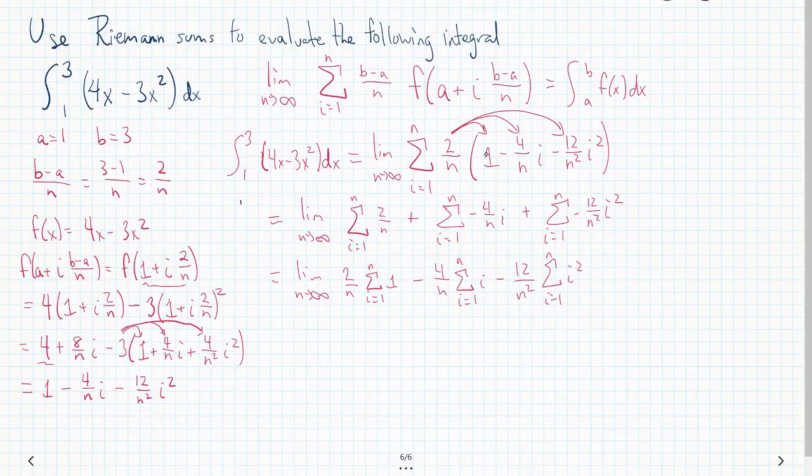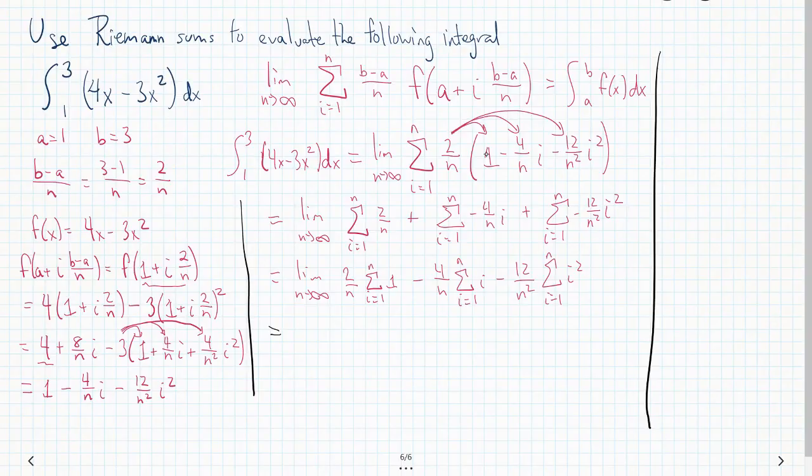We're going to change colors here just to kind of finish this thing off. So what's happening? Well, we have some information that we're going to need. First off, the summation I equals 1 to n of 1. What the heck is that? Well, think about it. If n was 3, so I go 1 plus 1 plus 1, well, it's 3. If I had n be 5, it'd be 1 plus 1 plus 1 plus 1 plus 1, which is 5.